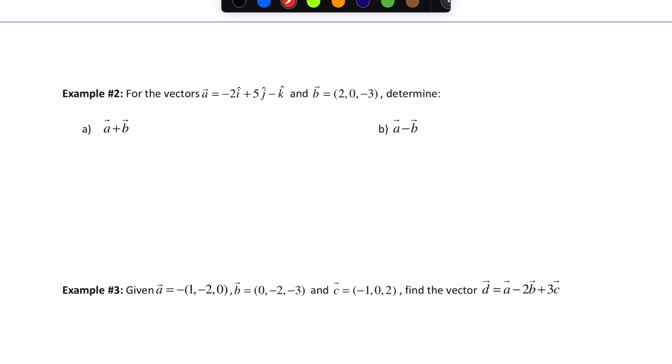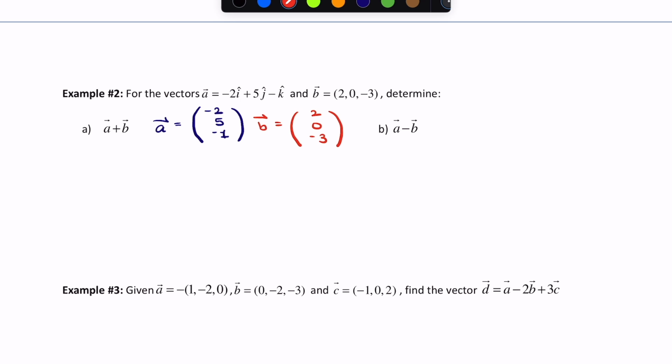If we write our vector a in component form, we see negative 2, 5, and negative 1. And here we'll write our vector b in component form, which will be 2, 0, and negative 3.